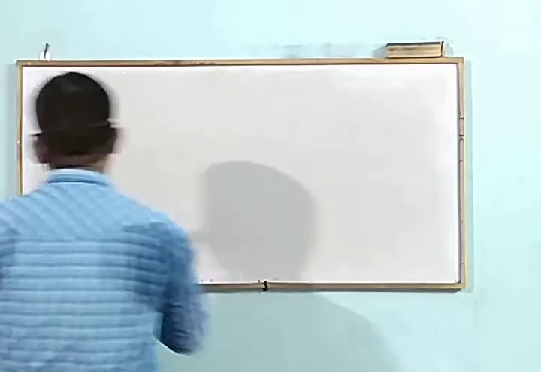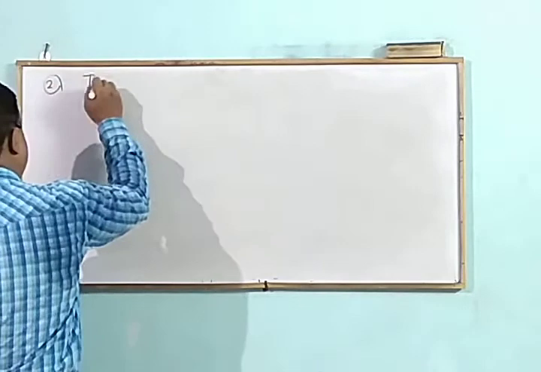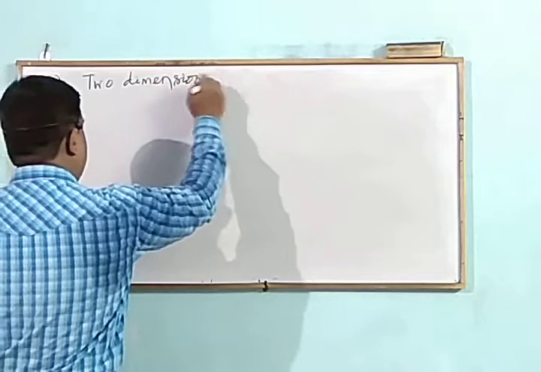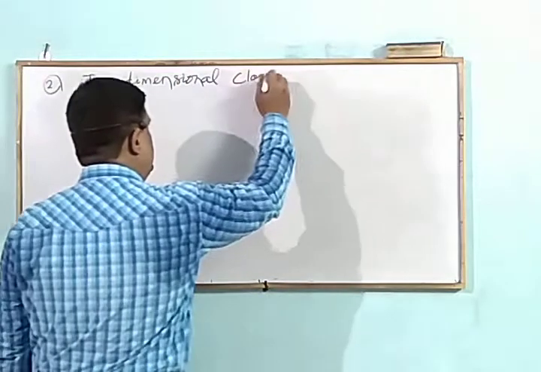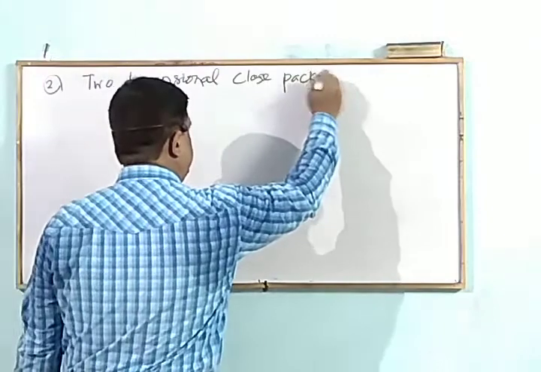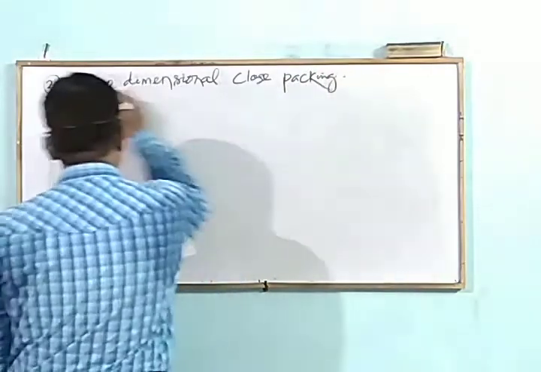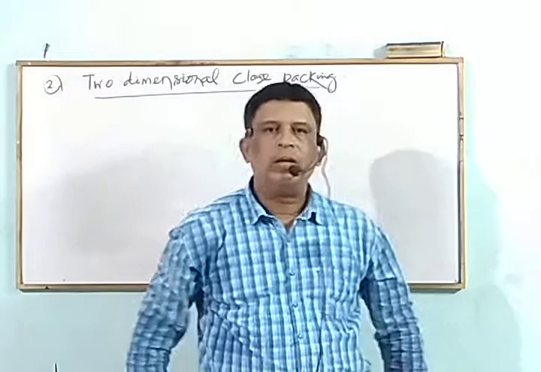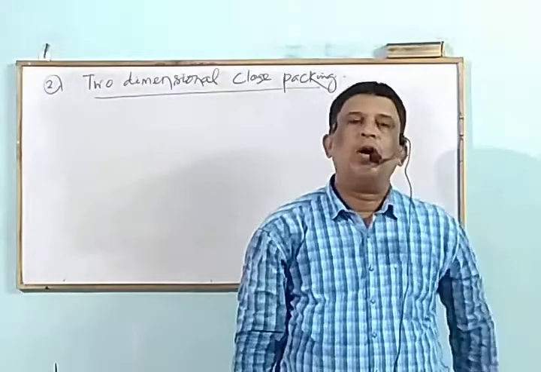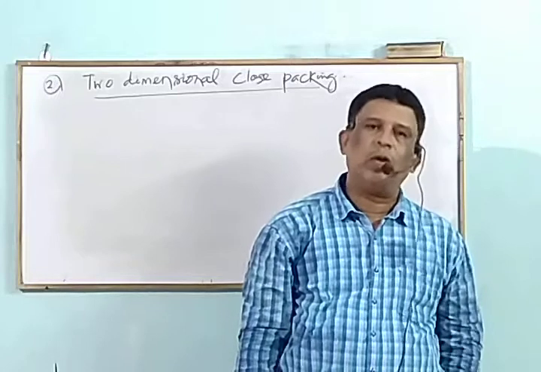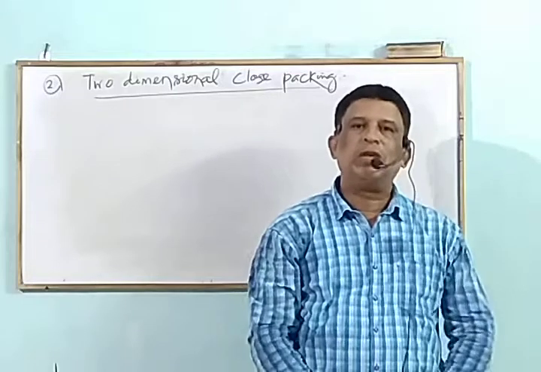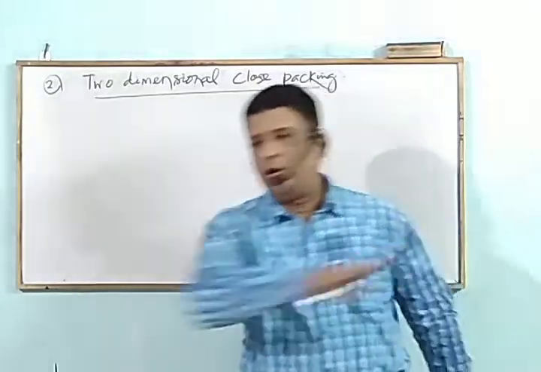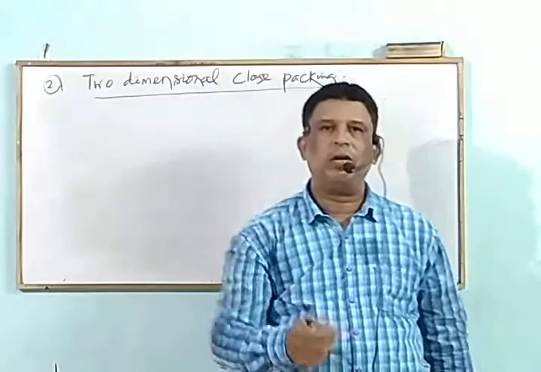Next, we discuss two-dimensional close packing. That means here the arrangement is going on the basis of rows and columns. Two-dimensional close packing is formed if the constituent particles are arranged in horizontal rows and vertical columns.